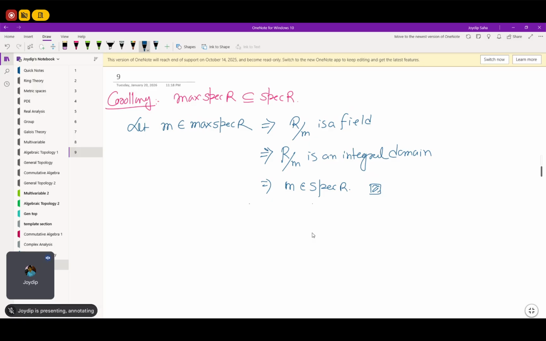Now, the question is, if R is a ring, as I define the polynomial ring. Let R be a ring, and x a symbol called an indeterminate.